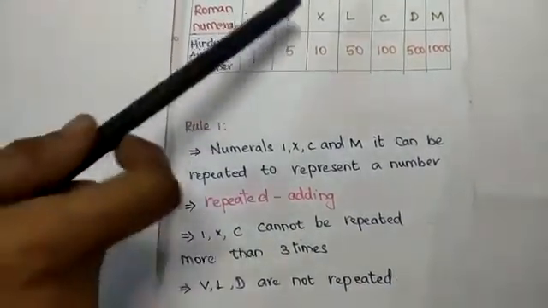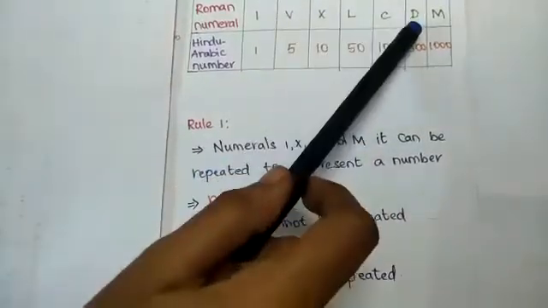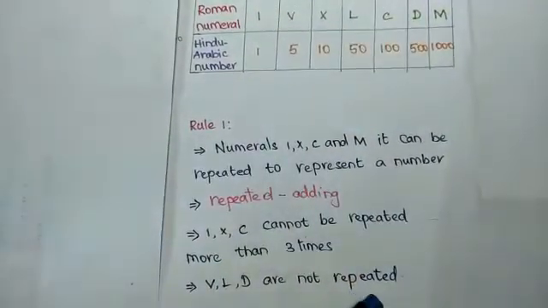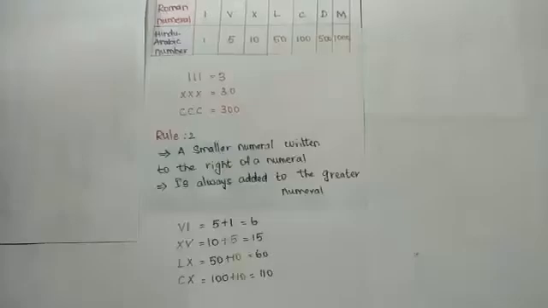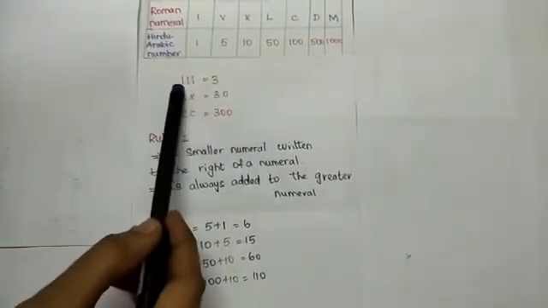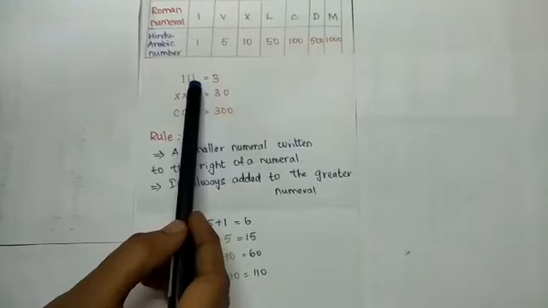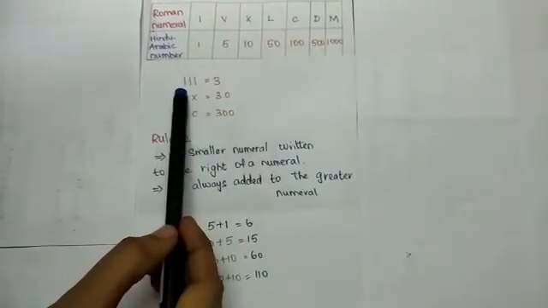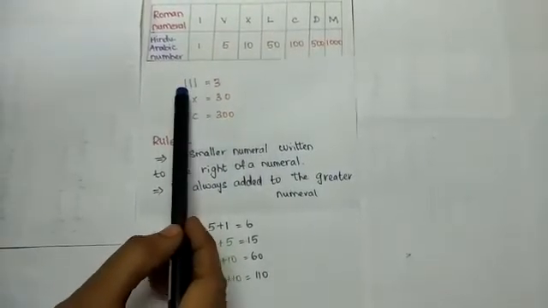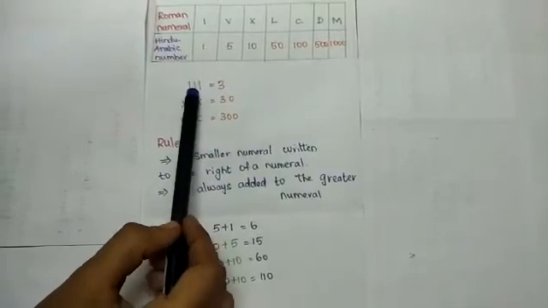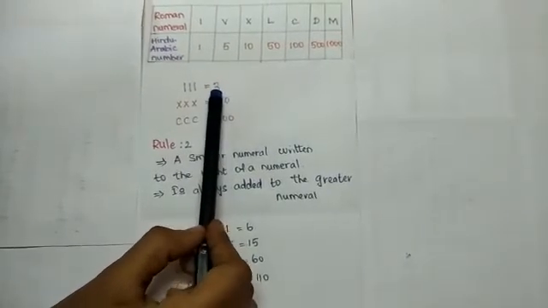V, L, D are not repeated. Now I, I, I is repeated 3 times. It cannot repeat more than that. When it is repeating, we have to add 1 plus 1 plus 1. We will get 3.